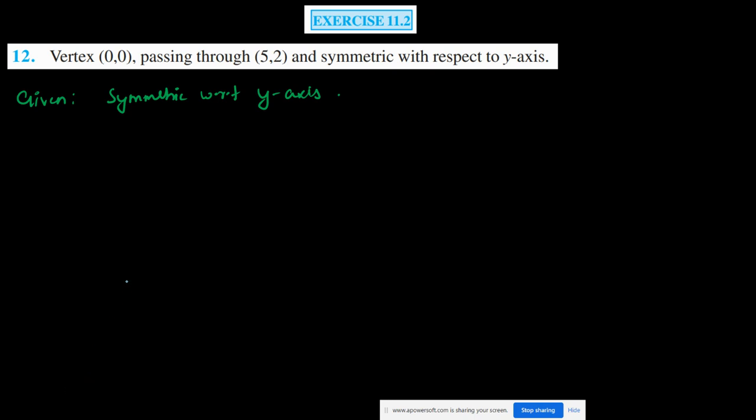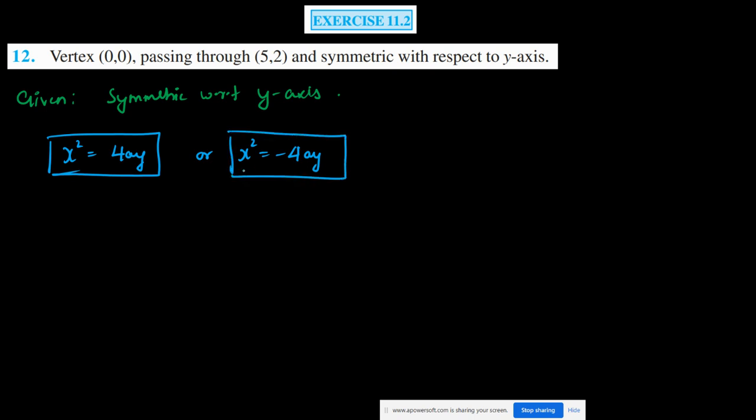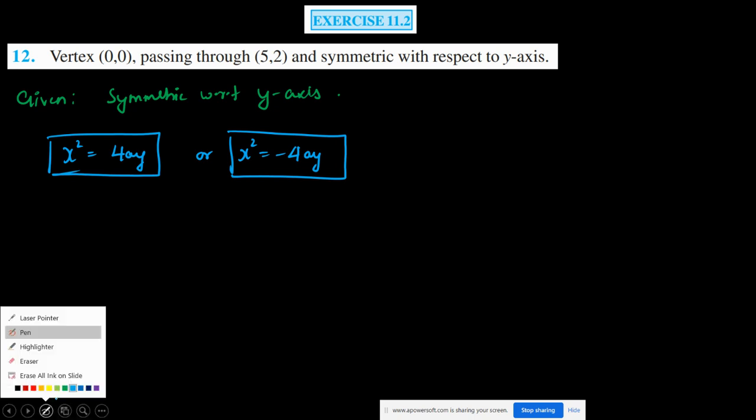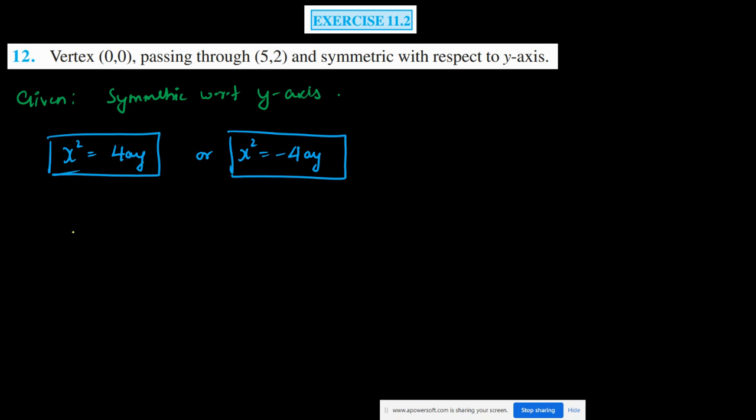Since it is given that it is symmetric to y axis, the equation of the parabola either can be x square is equal to 4ay, or it can be x square is equal to minus 4ay. Both are possible. Now, a point is given, 5 comma 2, through which it passes.